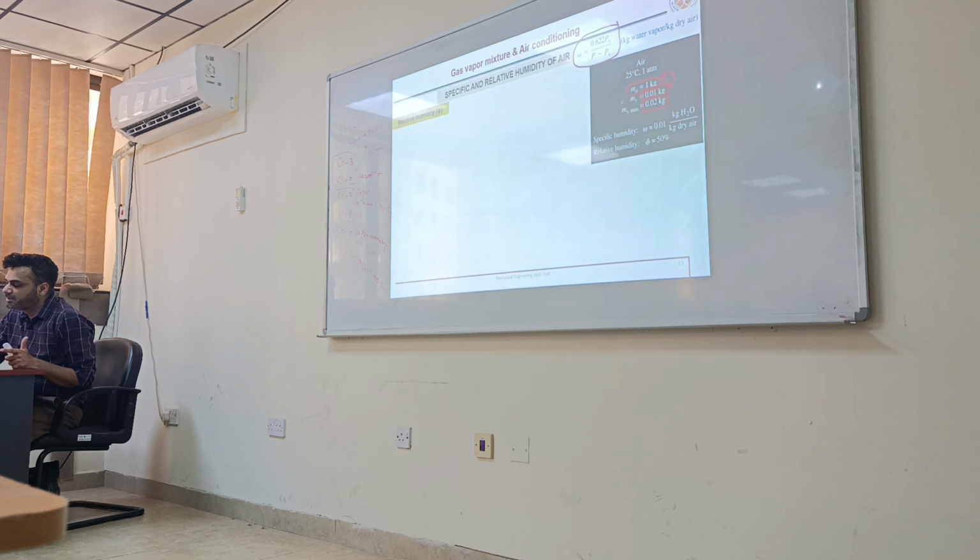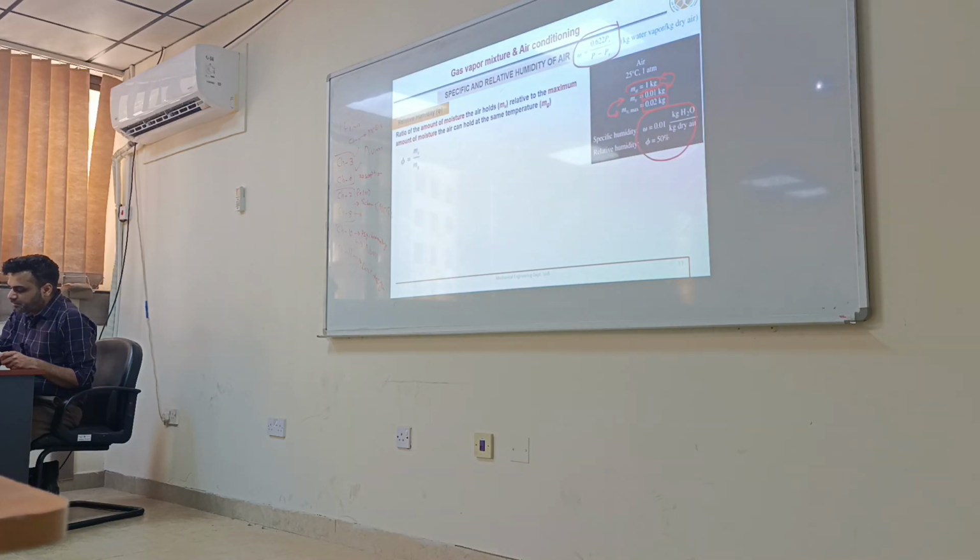And what will be the relative humidity between these two? Actual mass of vapor divided by maximum possible. Okay. That is specific humidity and relative humidity. So that's how we define relative humidity, mass of water vapor divided by same mass of water vapor, but maximum possible.